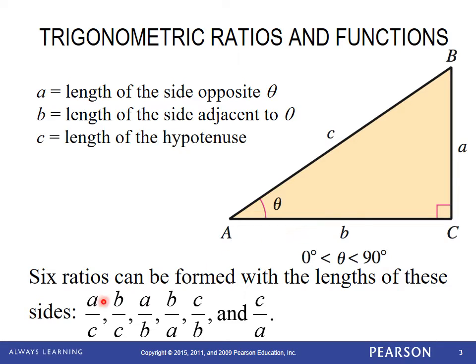So: opposite over hypotenuse, adjacent over hypotenuse, opposite over adjacent, and then the flips of these. Flip the A and the B, flip the B and the C, and flip the C and the A. So he discovered there are really 6 different ratios I can set up.